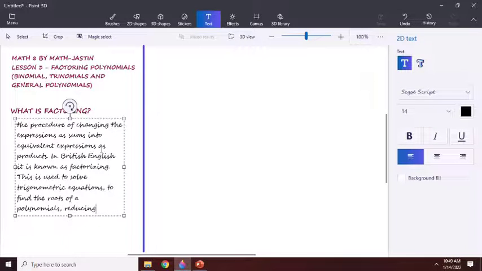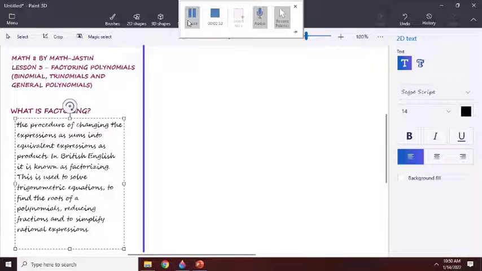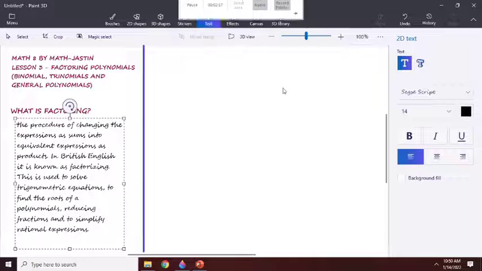It is also used for reducing fractions and to simplify rational expressions. So that is the definition of factoring.